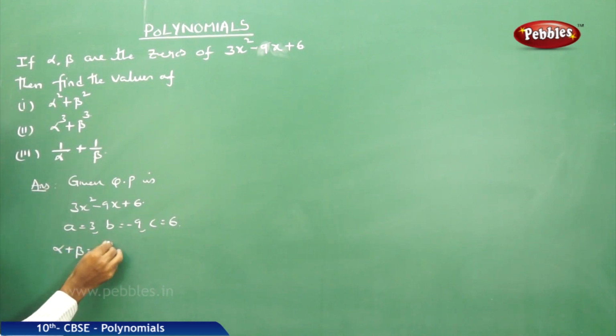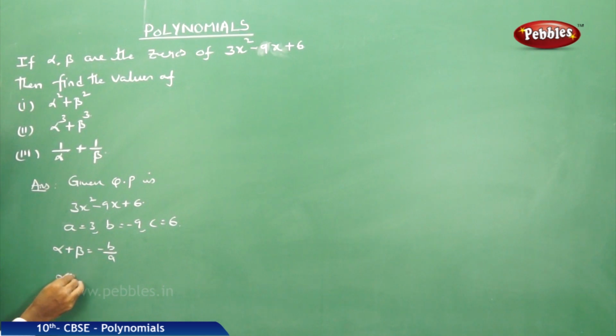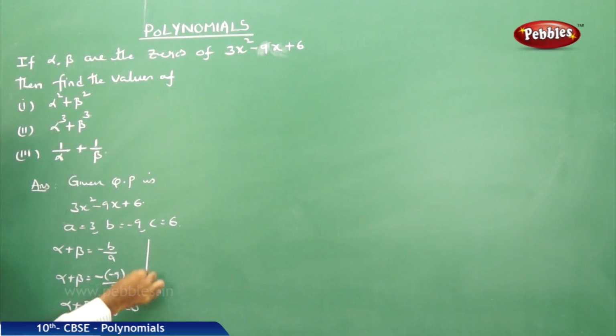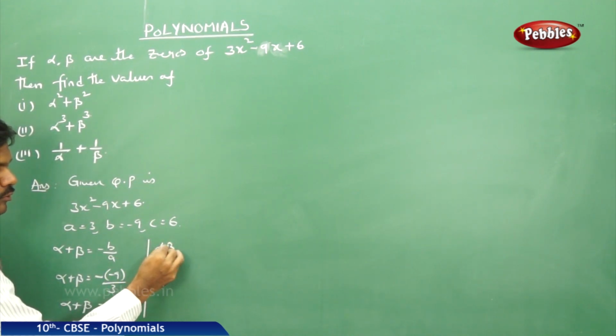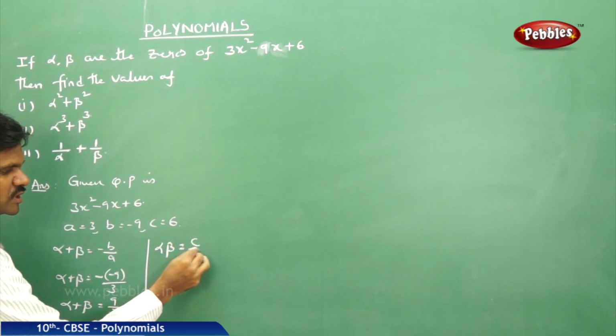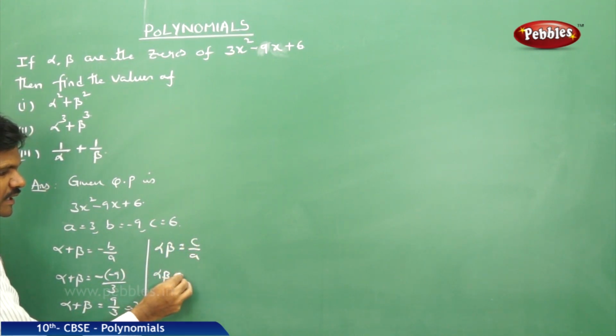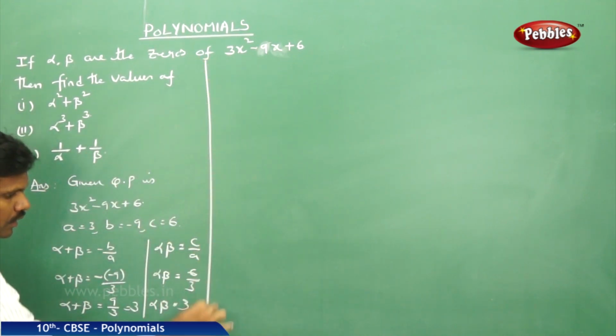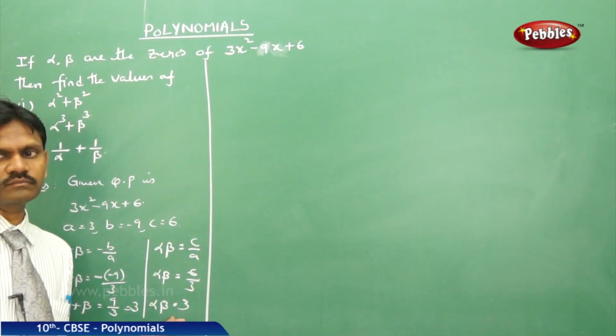Alpha plus beta is equal to minus b by a, which is minus of minus 9 by 3, that is alpha plus beta is equal to 3. Next, alpha beta is equal to c by a, nothing but 6 by 3. Alpha beta is equal to 2. Now I am ready with the values of alpha plus beta and alpha beta.